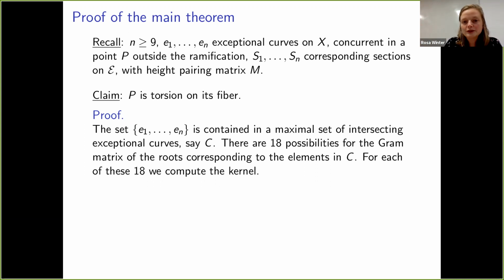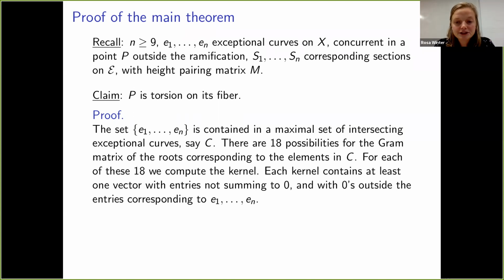As we said before, there are only 18 possibilities for such maximal sets, which we found from this graph on the root system. And therefore 18 possibilities for the Gram matrix of the roots corresponding to the elements in the set C. So the Gram matrix is just the dot products of any two roots. So we know the Gram matrix for each of these 18 sets, and we can compute the kernel.